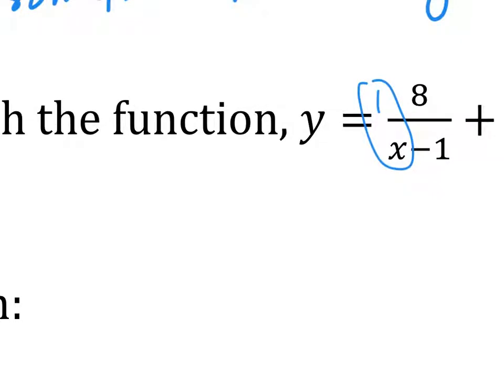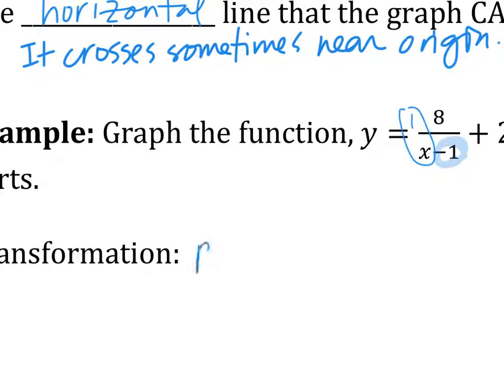Right 1. Okay, can you see that there's a minus 1? So we're going to move left and right, which is going to be right 1. All right. Next thing. What is the next thing that happens to this function? It's that 8. What does that 8 do?